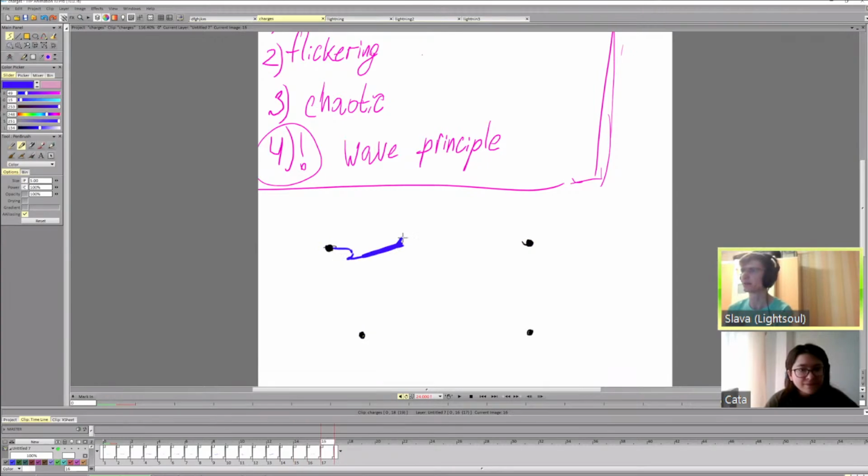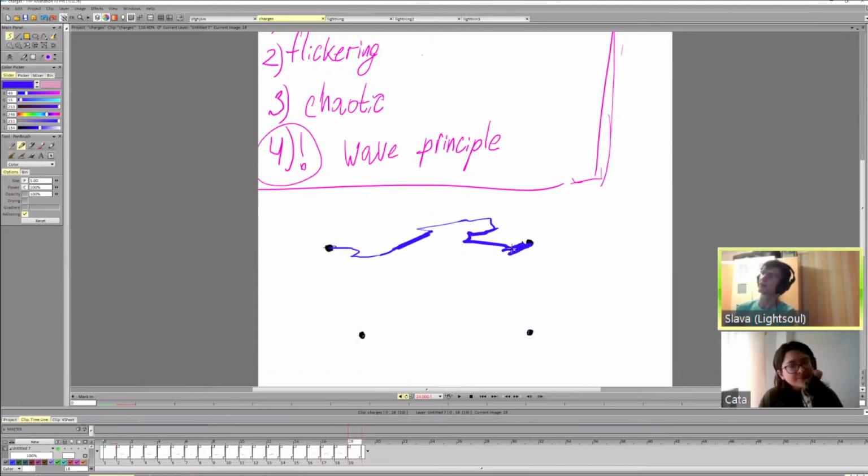So it becomes thicker. Then we slowly move the charge from left to right. This part moves slower. This part starts going a bit faster. We're moving the charge, the weights to the right.